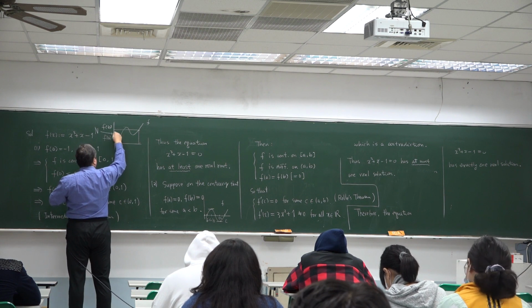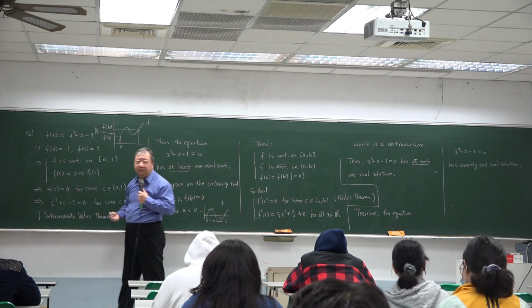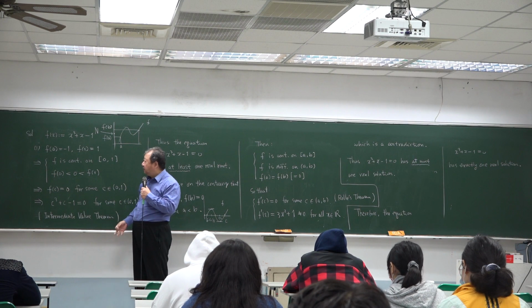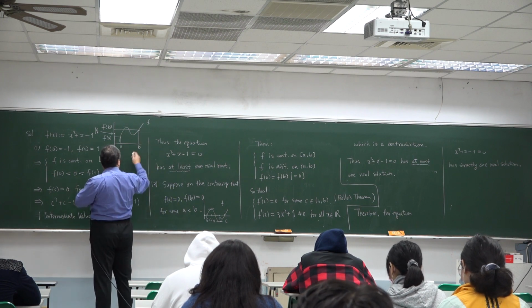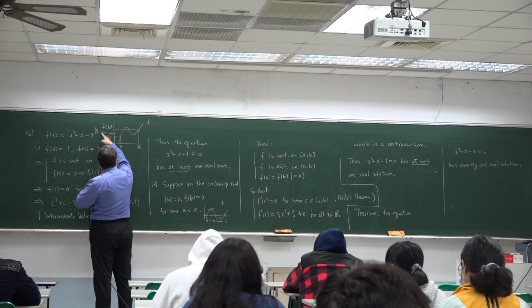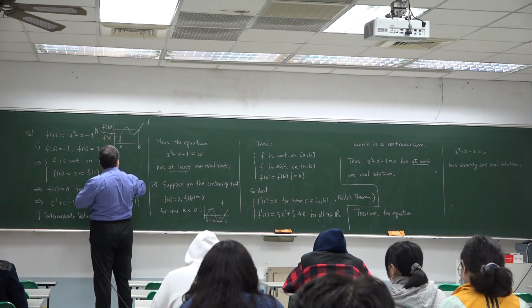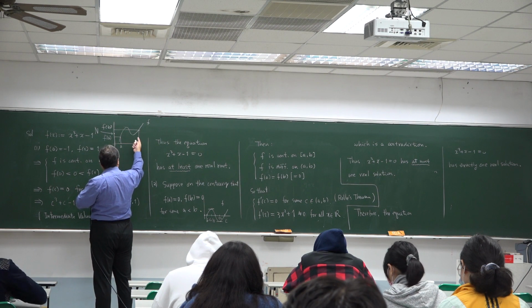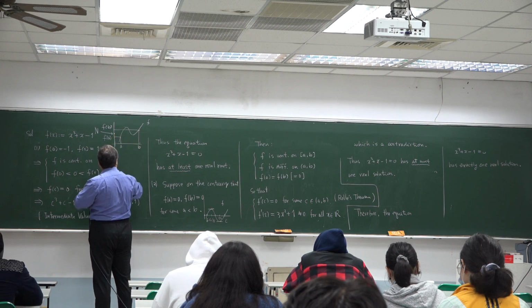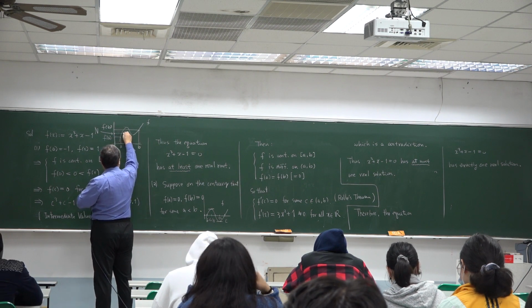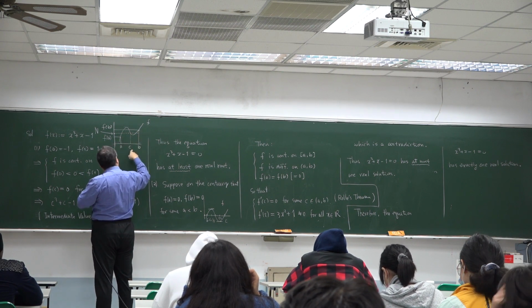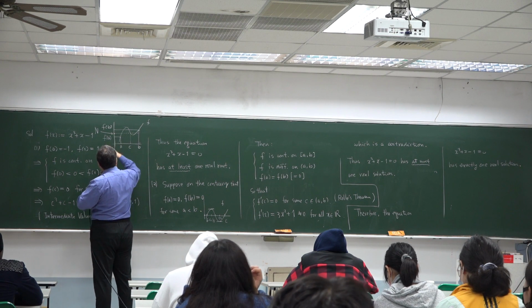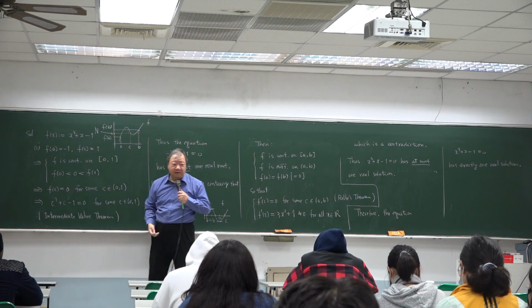And this theorem says if f is continuous on the closed interval ab and n is a value between f of a and f of b, then there must be somewhere f of c equals n, a number whose value is this intermediate value n.